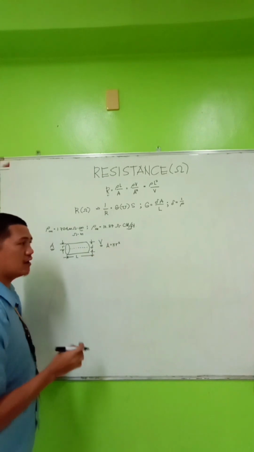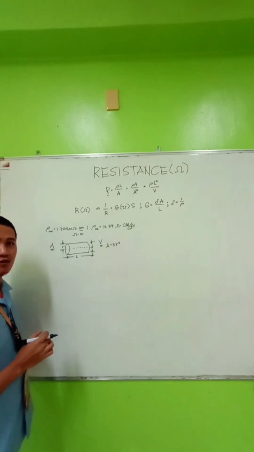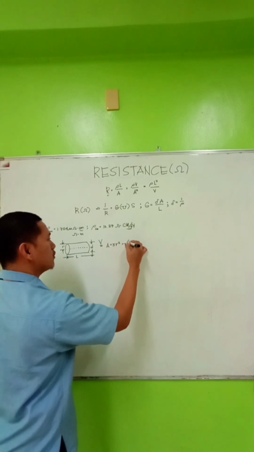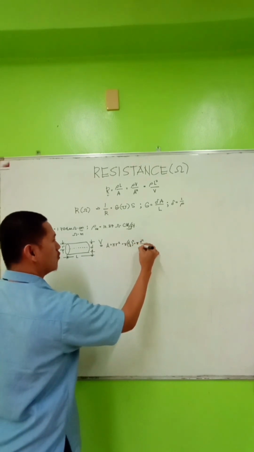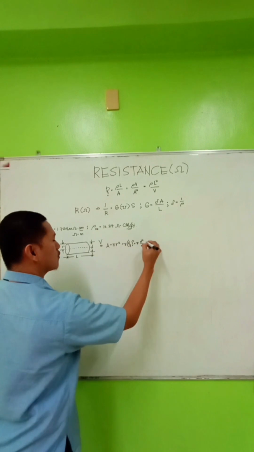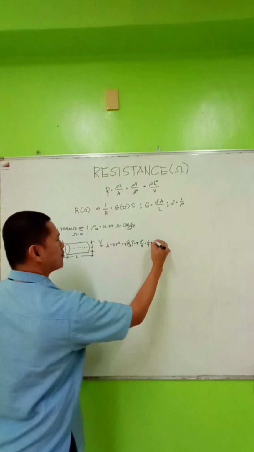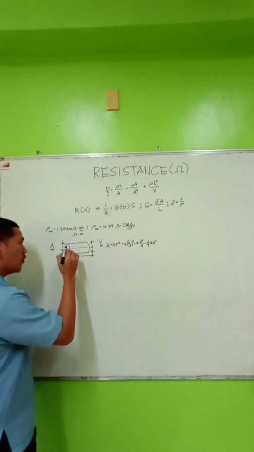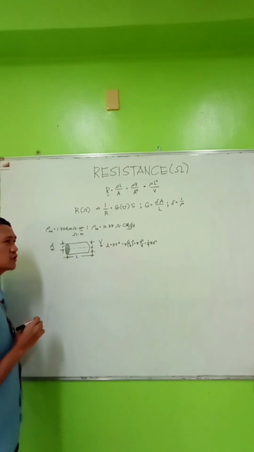Now, if in the problem, the given is the diameter, you need to modify also your cross-sectional area formula, okay? So what will happen? Your r is equal to your diameter over 2, squared. Or if you apply the power, that would be pi d squared over 4. Or simply, if you rewrite your cross-sectional area, that is 1/4 pi d squared. So you are identifying this portion, that is the cross-sectional area.